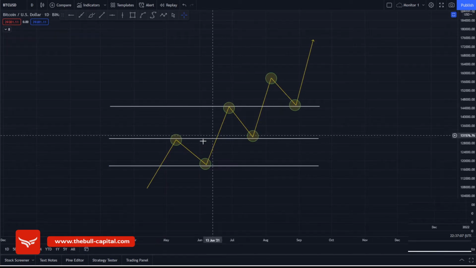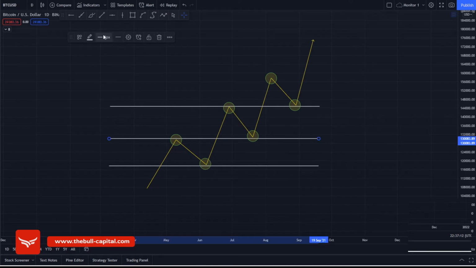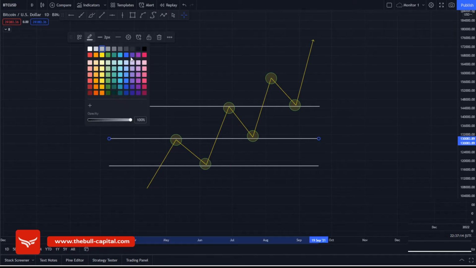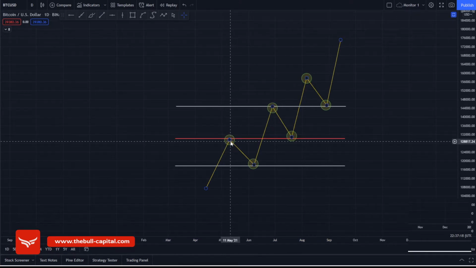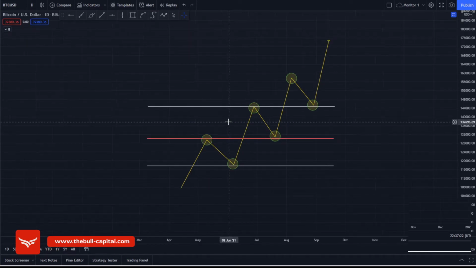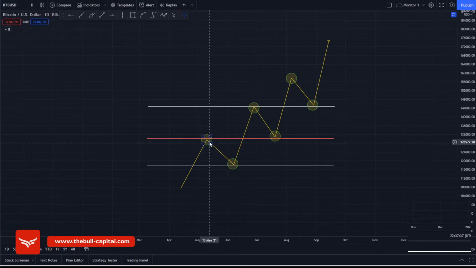So for example, let's say we have this resistance here, and the price comes to this resistance. Now it depends on the market structure and many more things, but let's talk about just what we have in front of us, just this level, nothing else.